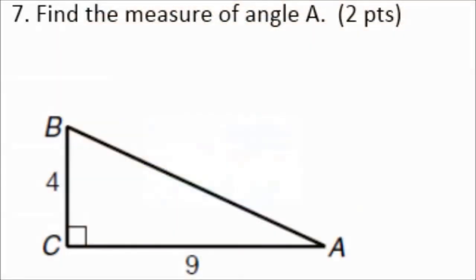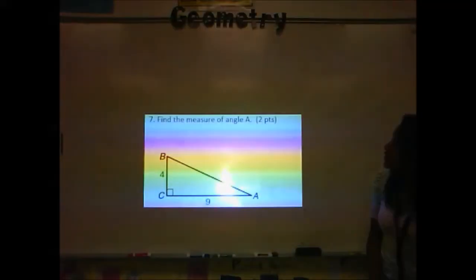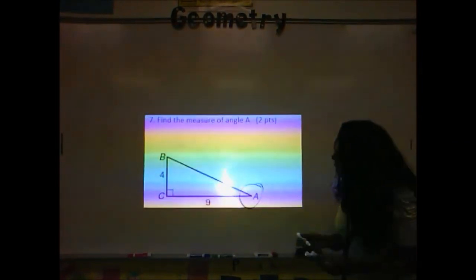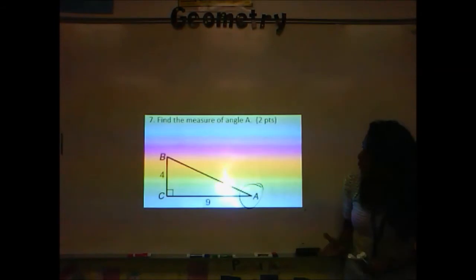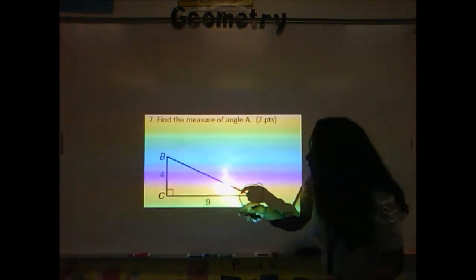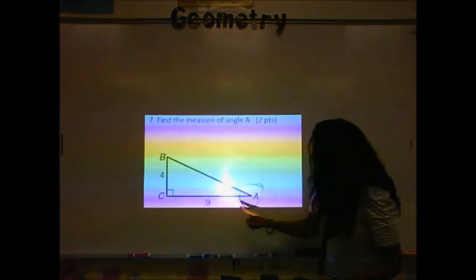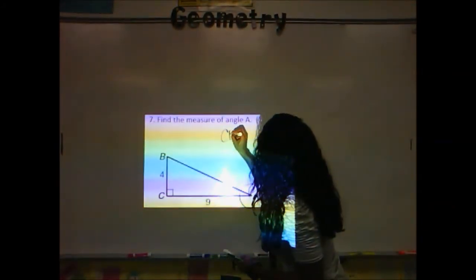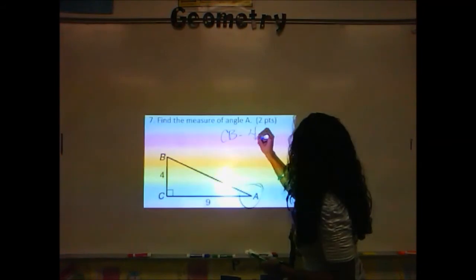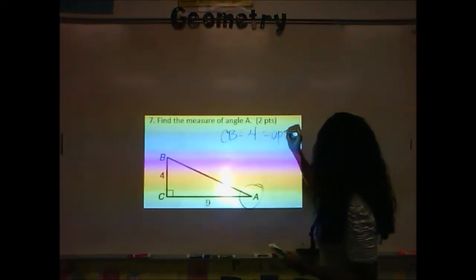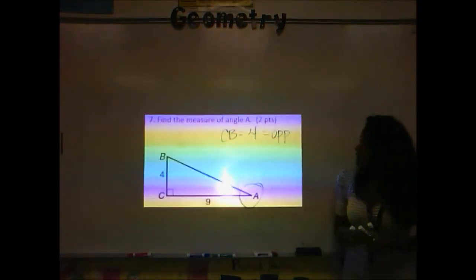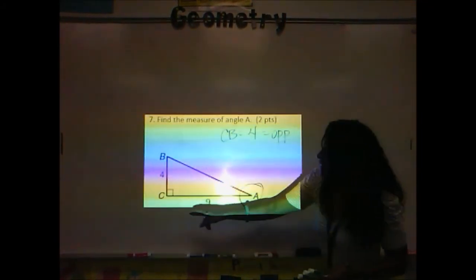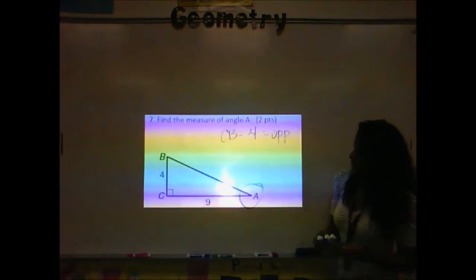Number 7. Find the measure of angle A. Angle A is right here. What did they give us? How is side CB related to angle A? Adjacent or opposite? Opposite. So CB is equal to 4, and it is opposite of angle A. How is side CA related to angle A?